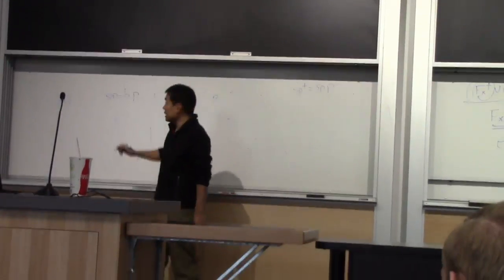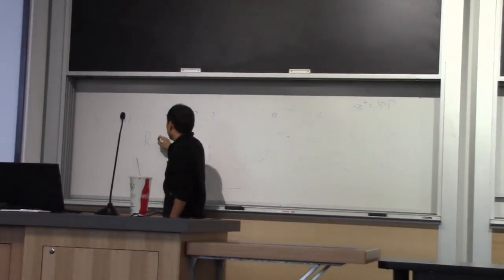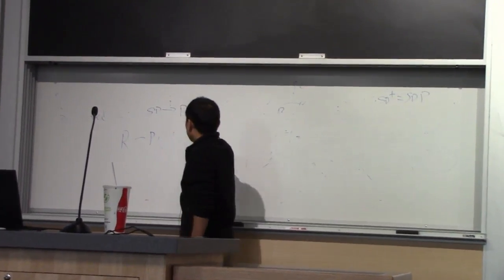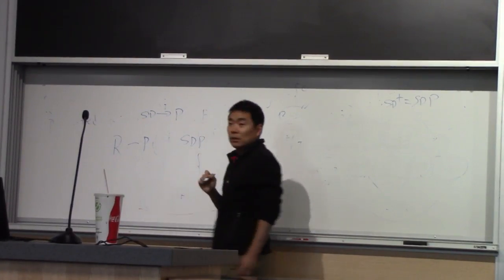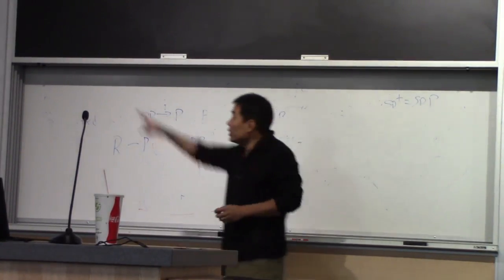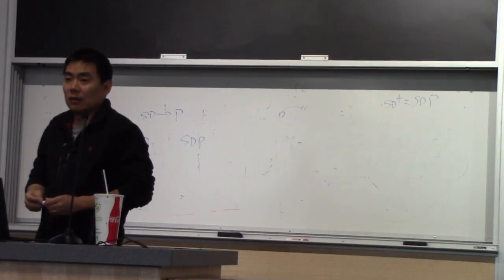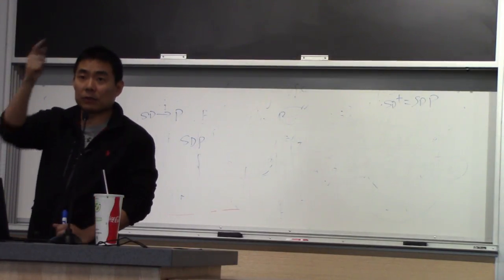So what should I do? I should decompose the original schema into R minus P and SDP. That's it, right? Using this simple algorithm. This is the operational lemma we talked about many times.